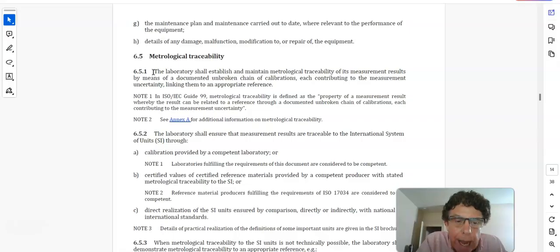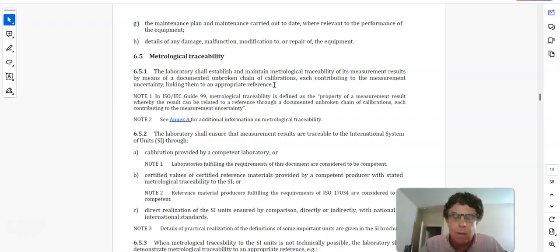The laboratory shall establish and maintain metrological traceability of its measurement results by means of a documented, unbroken chain of calibrations, each contributing to the measurement uncertainty, linking them to an appropriate reference.